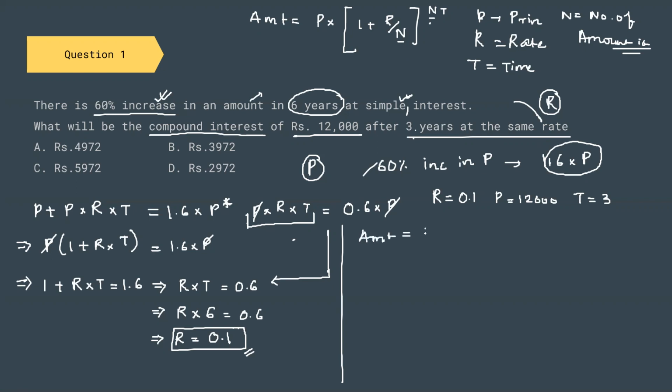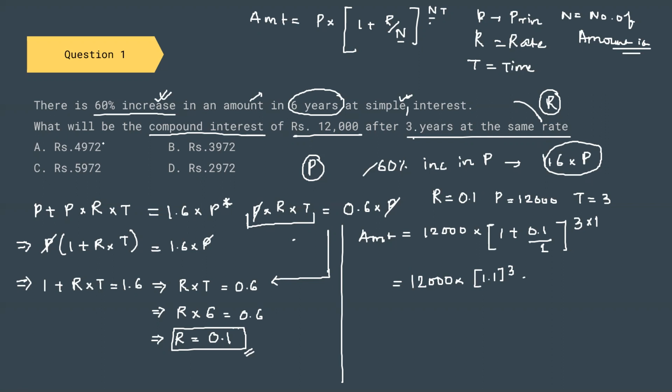This sum is 12,000 into 1 plus rate of interest 0.1, with N equal to 1 and the power 3 into 1. To solve, we can use some general methods. 12,000 into 1.1 to the power 3, that is your total amount.